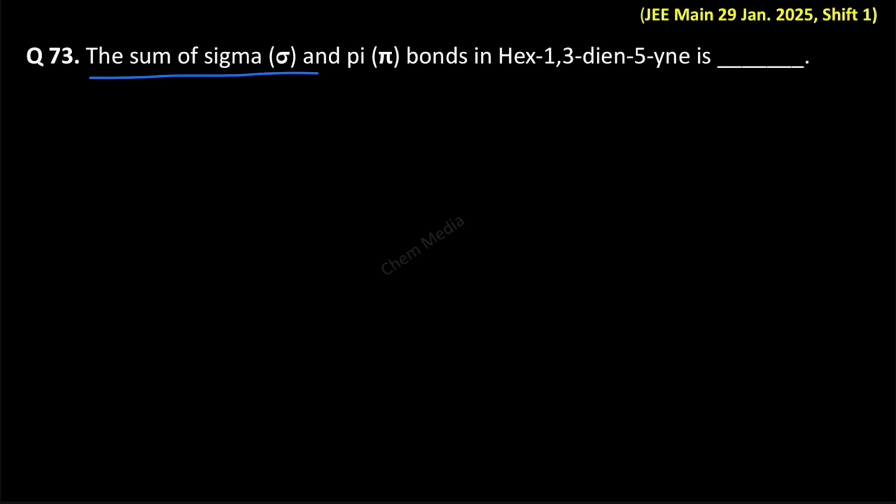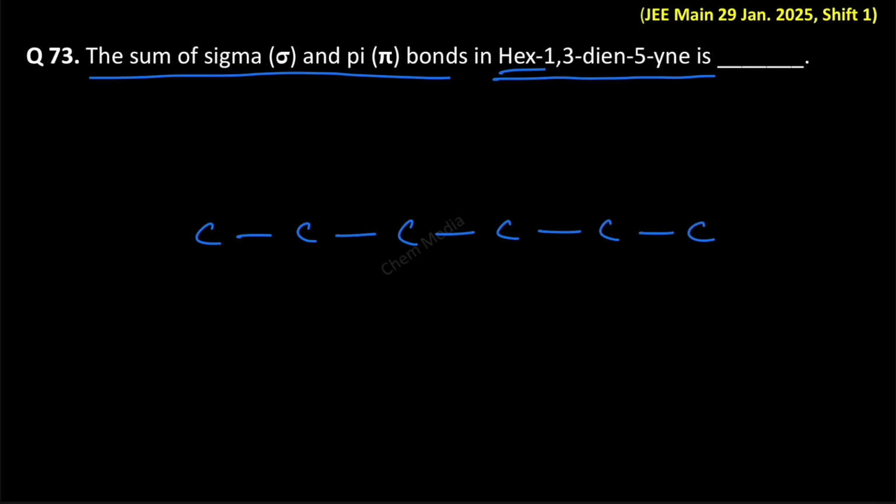The sum of sigma and pi bonds in hex-1,3-dien-5-yne is how many? Hex is the root word here. So therefore let's draw a 6 carbon chain. Let's number it 1, 2, 3, 4, 5, 6. Now we have a double bond at 1 position, we have a double bond at 3 position, and then we have a triple bond at 5 position.